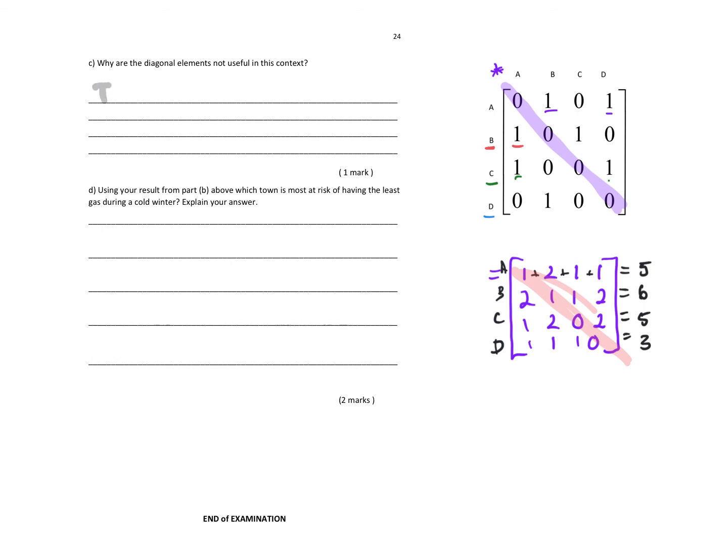Remember, we call that the redundant link. It doesn't really make sense in these situations because it's always going back to where it originally started from. In communication, it would mean you're communicating back to yourself, so it's sort of pointless. There's no point in a town pumping gas to itself.